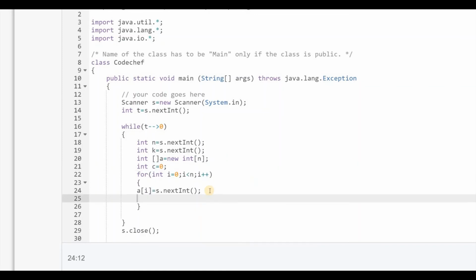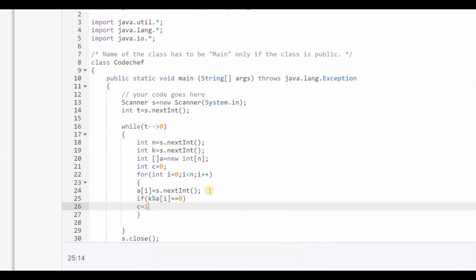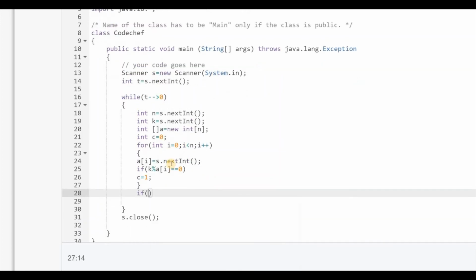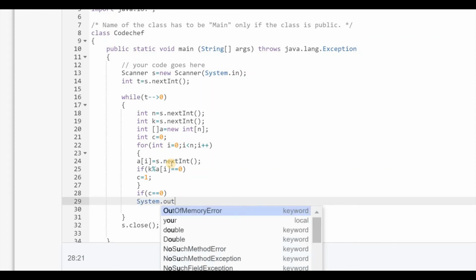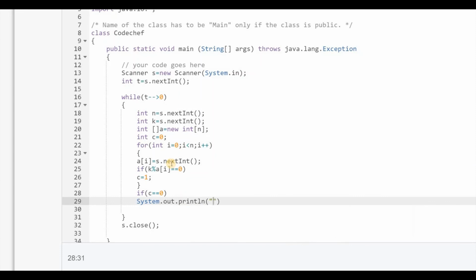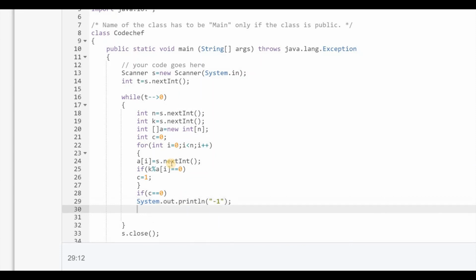So I am taking the variable c and checking if k is divisible by any of the array elements, so we can write this as k mod a of i equals 0. Then let's say c equals 1. And next, if c equals 0, it means k is not divisible by any of the array elements. Then we need to output -1 because we can't make any number of moves to capture the chef's pawn.